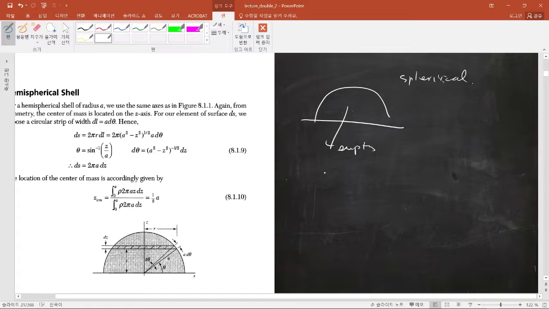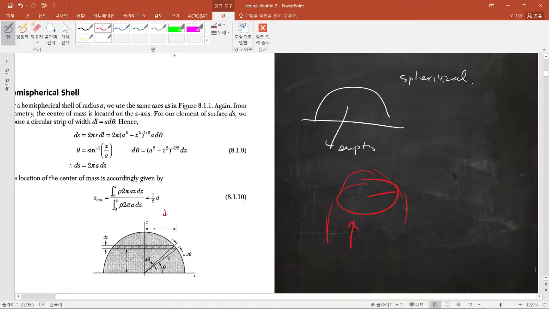In this case also you have this cross section. If you look at this here, you have a cross section, and it piles up like this. For this shell, you first calculate the mass of this shell, and then pile up along this direction.